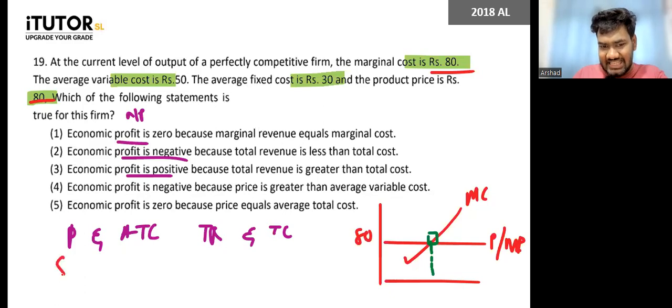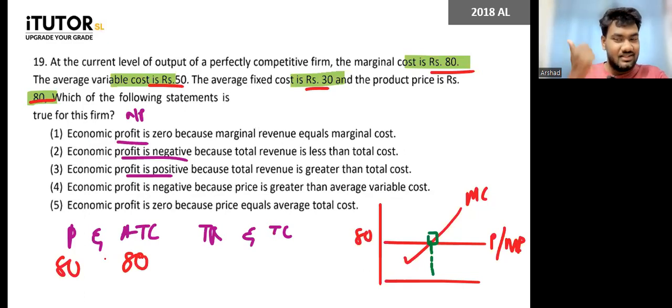Now think, how much is the price in our example? The price is 80. How much is the average total cost? Average variable cost is 50. Average fixed cost is 30. Their average total cost is also 80. So what can you say, guys? Supernormal profit, loss, or normal profit?